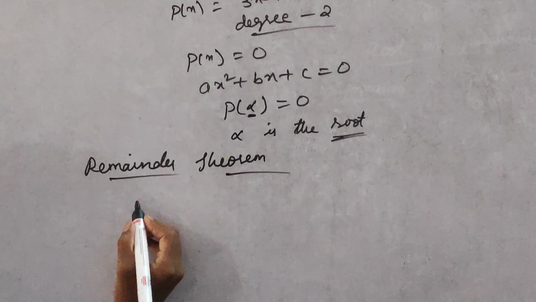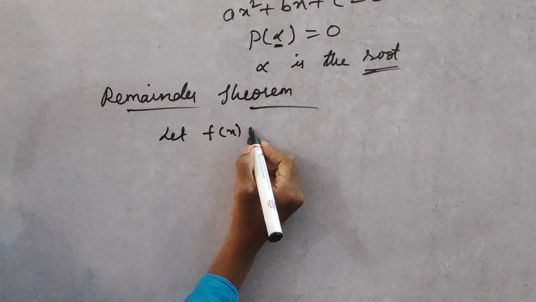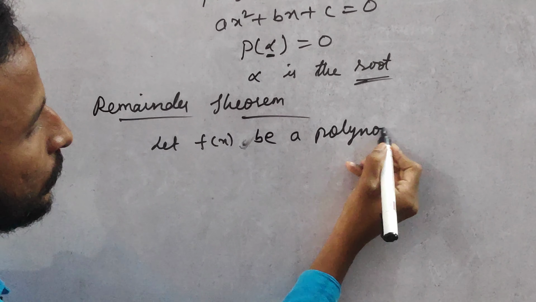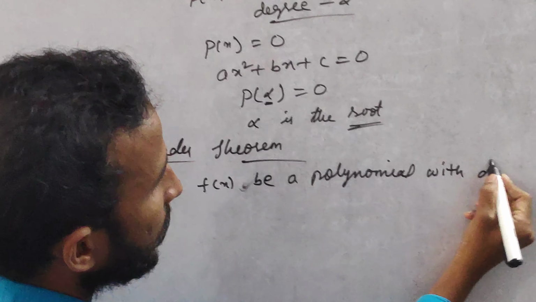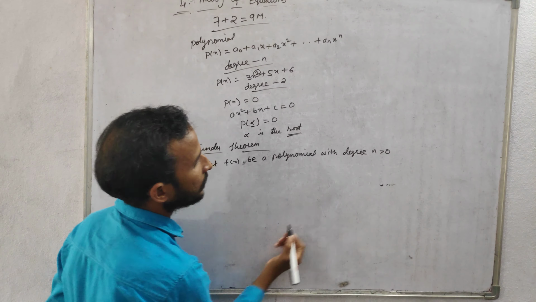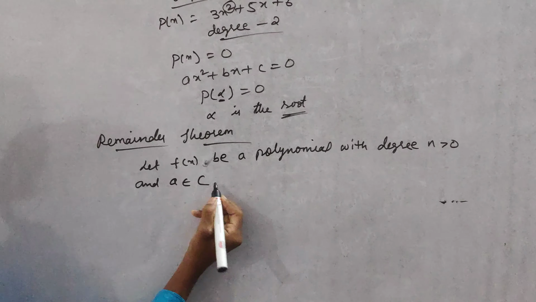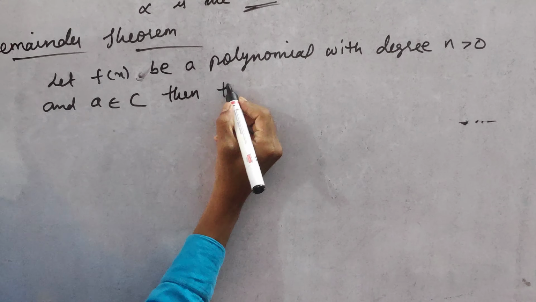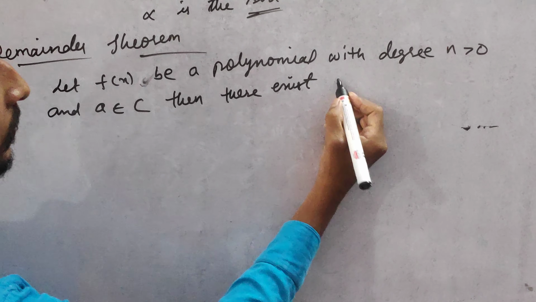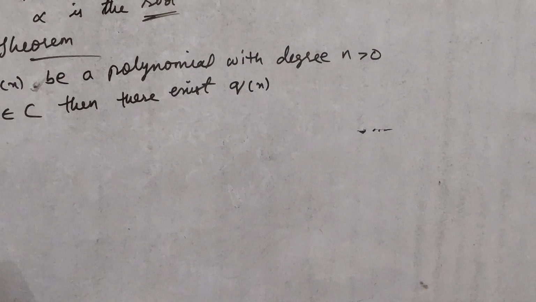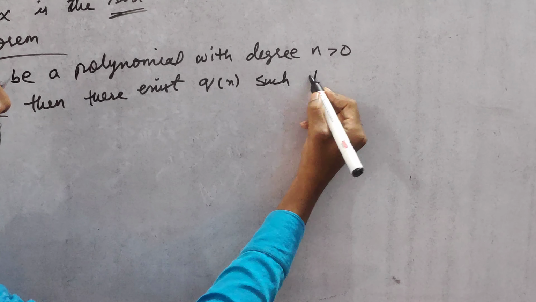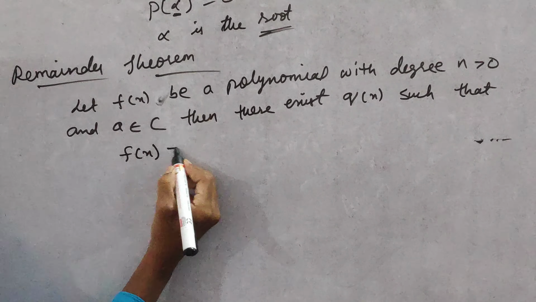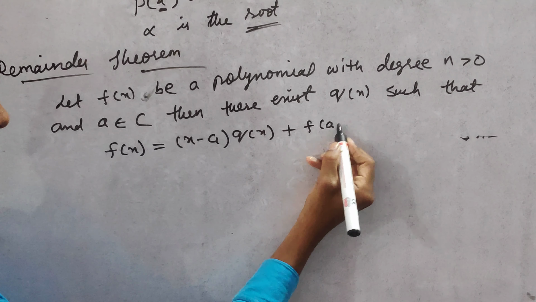Let f of x be a polynomial with degree n greater than 0 and a belongs to C. Then there exists q of x such that f of x is equal to x minus a into q of x plus f of a.